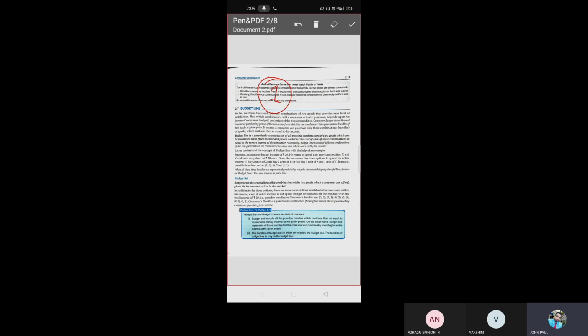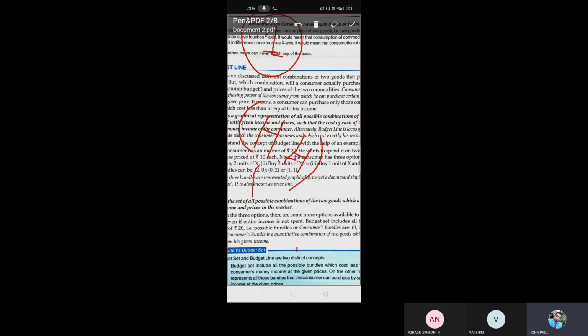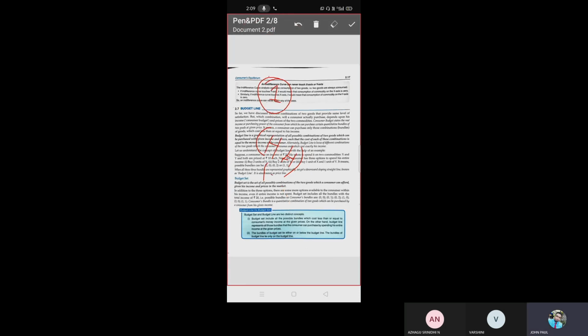We might get two heads, or two tails, or head and tail, or tail and head. This is probability, right? Do you remember? Guys, do you remember probability?